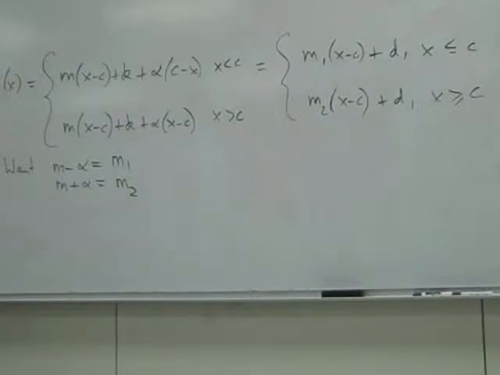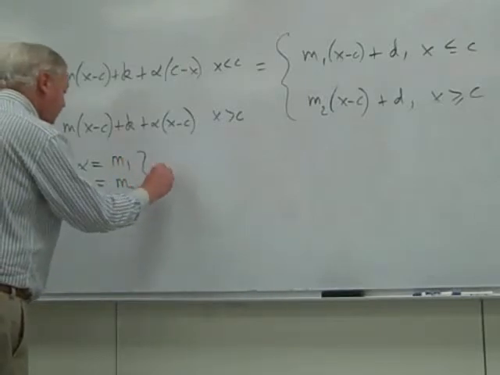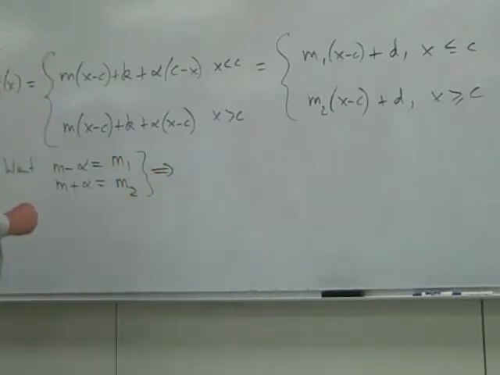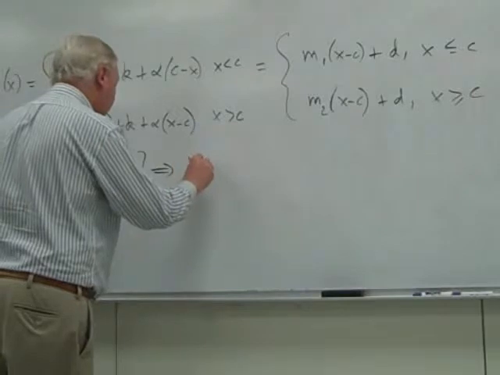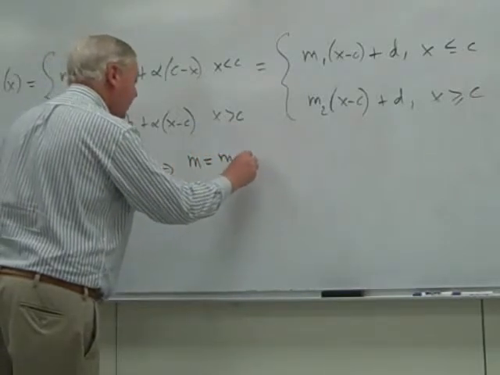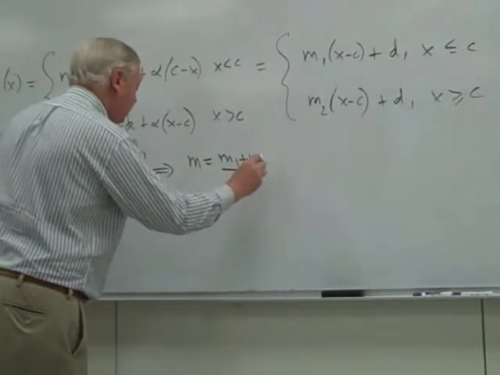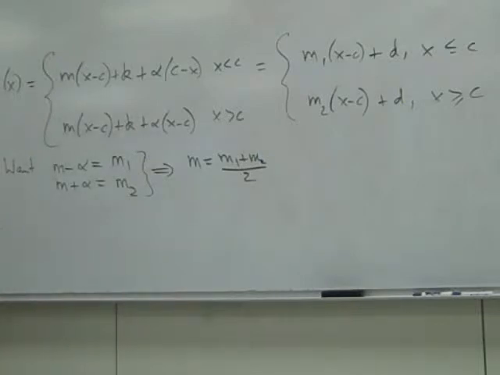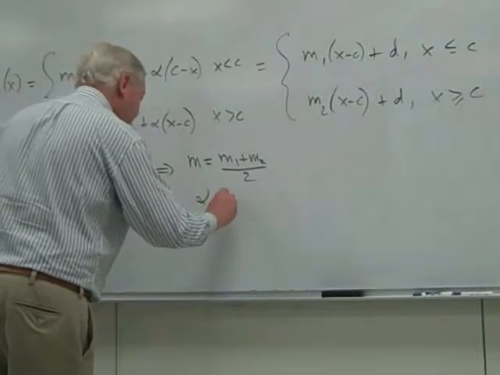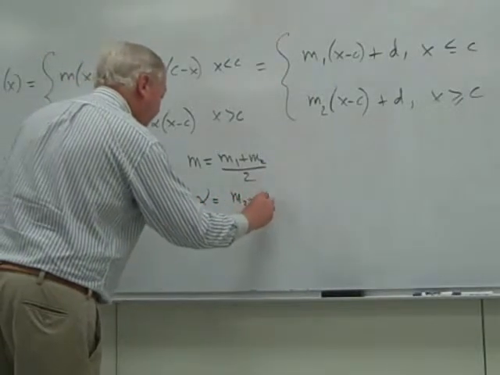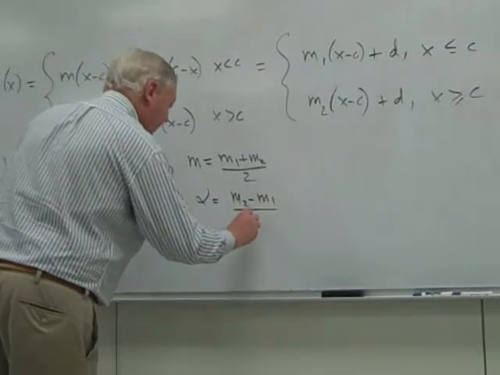Well, I can solve those equations if I add. These imply that m should be (m1 plus m2) over 2. And then subtracting the first from the second, I get alpha is (m2 minus m1) divided by 2.